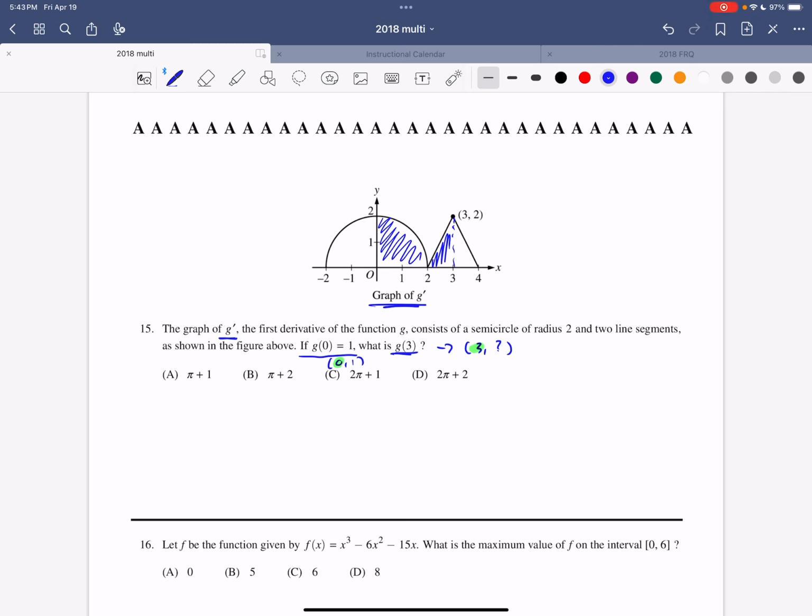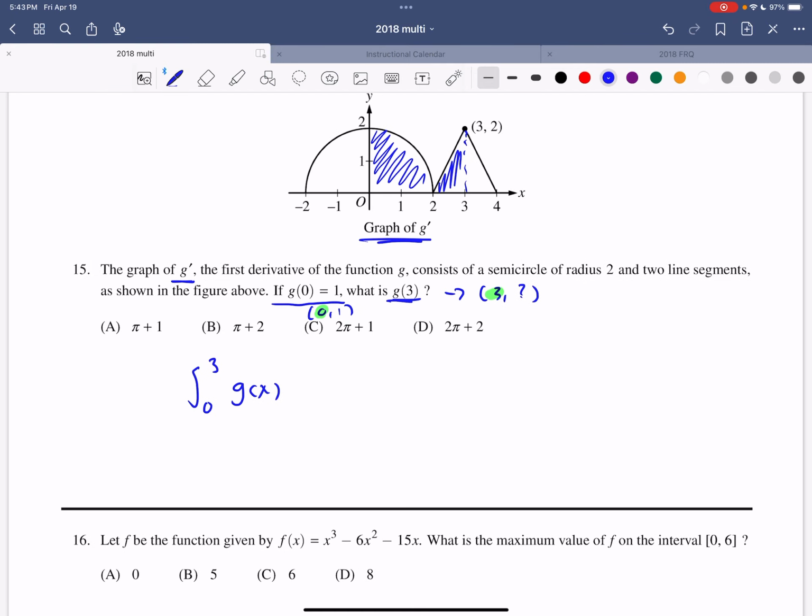Okay? So, the antiderivative, which means if I just put 0 to 3, the integral of g prime of x dx, because do you see this one's a g prime of x? If I take the antiderivative of this one, do you see this one has a little prime?